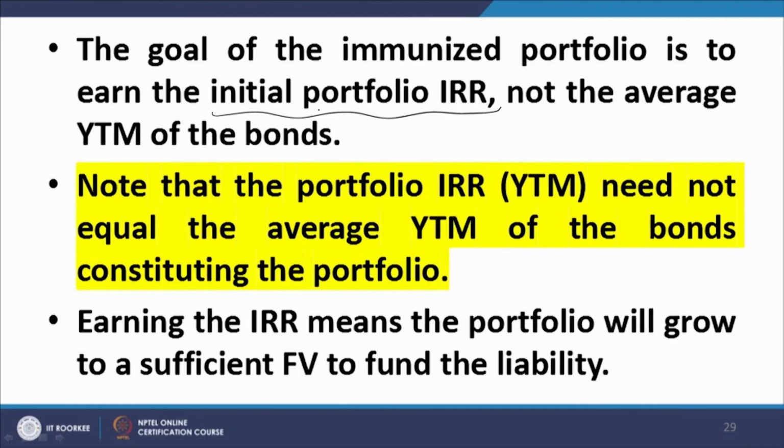It need not be equal to the weighted average YTM of the constituents of the portfolio. Earning the IRR means the portfolio will grow to a sufficient future value to fund the liability.